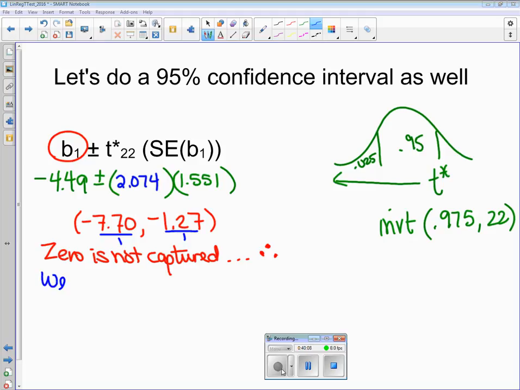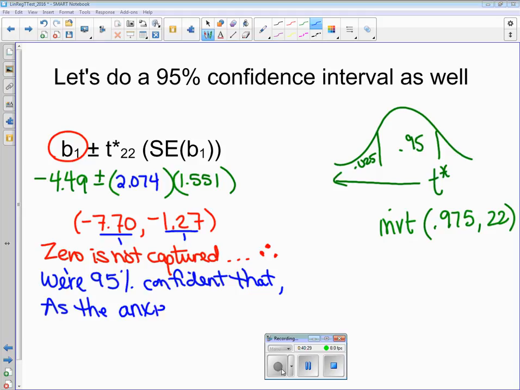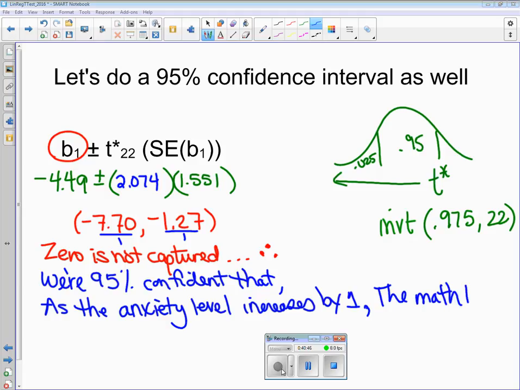We're 95% confident that as the anxiety level increases by 1, the math score, or student performance, however you want to say it, decreases.